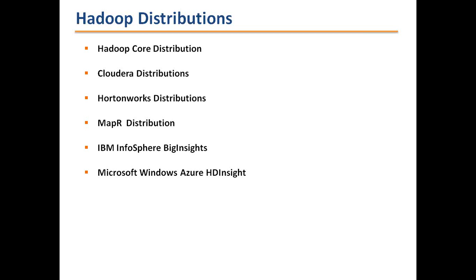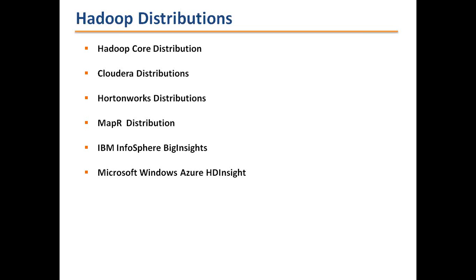Most of the other cloud services, like Amazon Web Services, are mostly using other distributions. For their cloud service they are also providing Linux, so that's why they are using Cloudera or some other distributions. But Microsoft has its own cloud service, Windows Azure, and further they are using HDInsight. In their Windows platforms, they will use HDInsight.